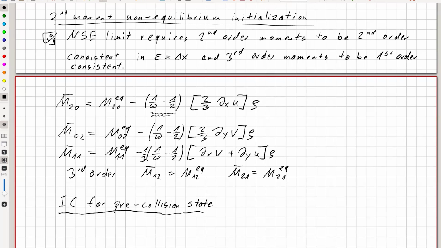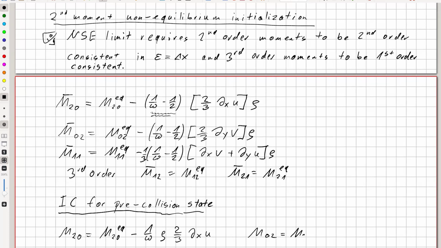Now I'm assuming that we start with a pre-collision state. Then M20 becomes M20 equilibrium minus 1 over omega rho 2/3 dx u.